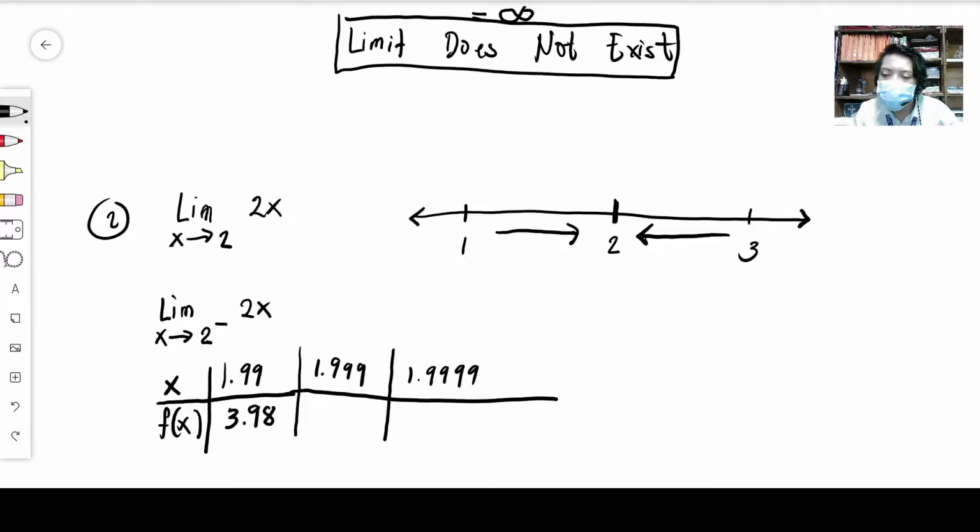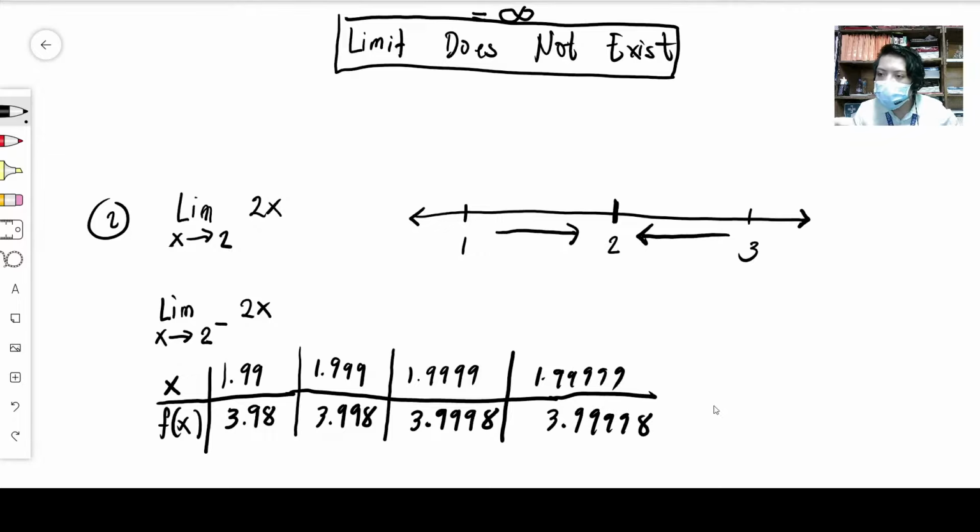When the value of x is 1.999, the value of the function is 3.998, and this is 3.9998. Let me add one more, 1.99999 with five 9s. This will be 3.99998. If you continue this as x approaches 2 coming from the left, you will eventually get 4.